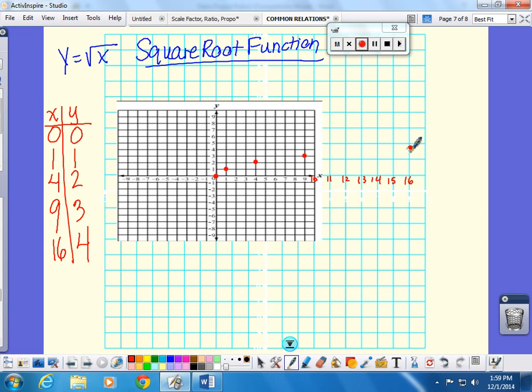Perfect. I'm not looking at these boxes, guys. I was looking up here. All right, so this is half of a parabola, really, is what it is. That's not too good. You guys got a better looking graph than I do, but it is half of a parabola. So we're going to make it a curve.